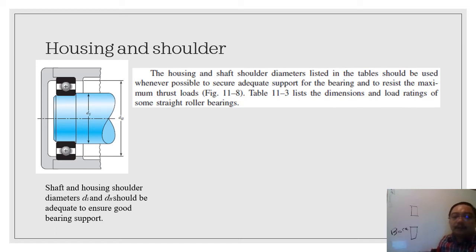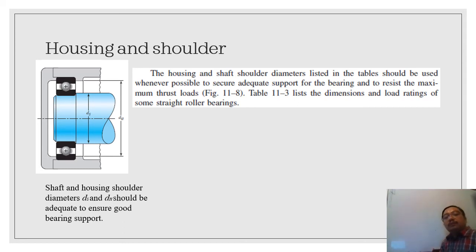If you don't have a shoulder... Let's say this is a cylinder, a cardboard. I give vibration here, it vibrates. It will vibrate until it comes to the shoulder, and the shoulder will stop the vibration.